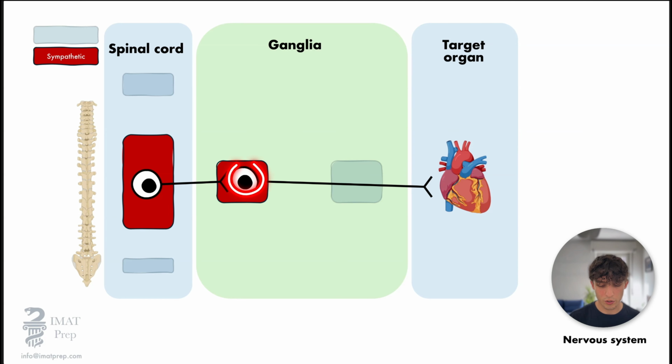Then we have the cell body of the postganglionic neuron, and this is why we have a ganglion, because we have a cell body here, we have a non-myelinated portion of the cell here, therefore we cause this sort of gray matter outside of the central nervous system, which is called ganglion, and in this case a sympathetic ganglion, and this postganglionic neuron goes and reaches the target organ.